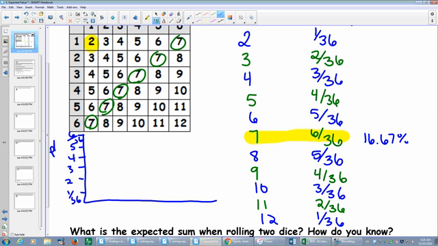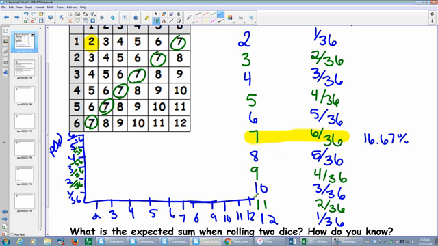And these are my P of X, so all of this is over 36. And for my outcomes, I have 2, 3, 4, 5, 6, 7, I'm going to run out of room, 8, 9, 10, 11, 12. Okay, it's a really big sketch of this graph.